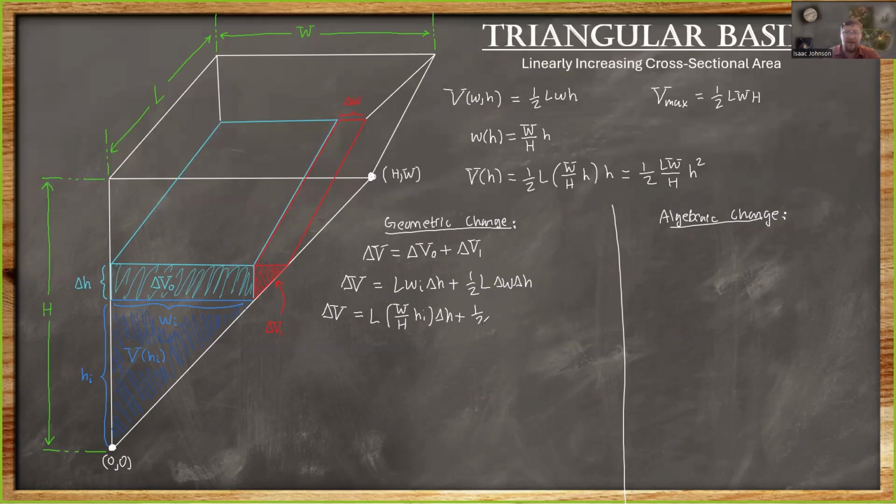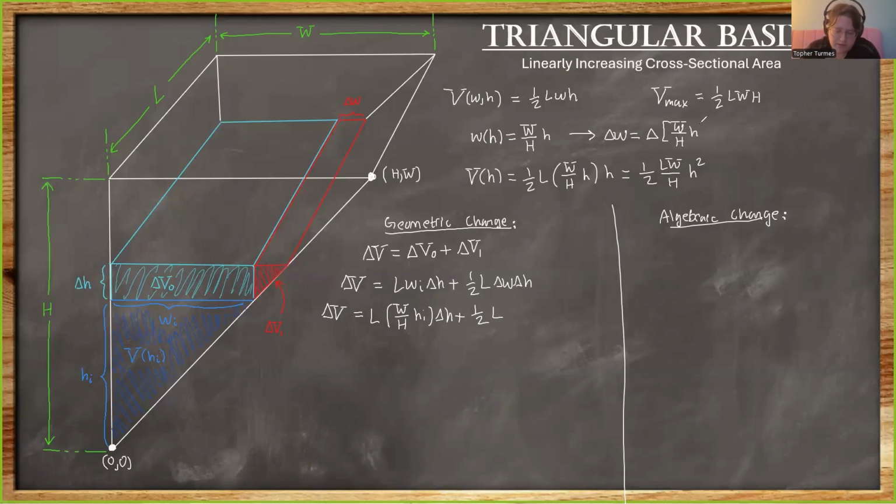And then how do we find delta W in terms of delta H? Wouldn't it just be the constant times delta H?